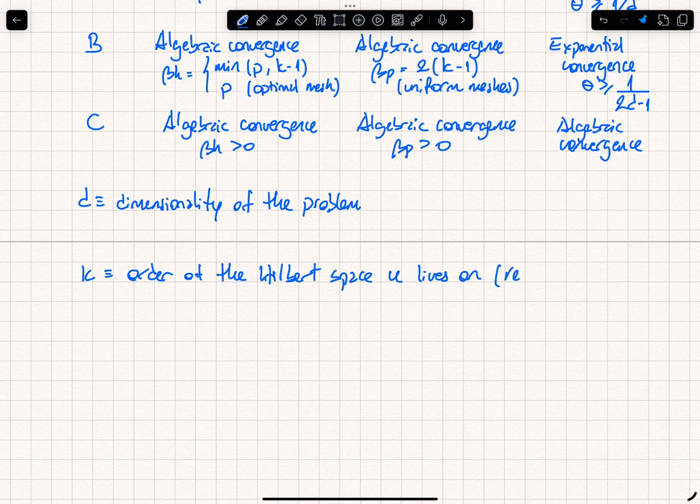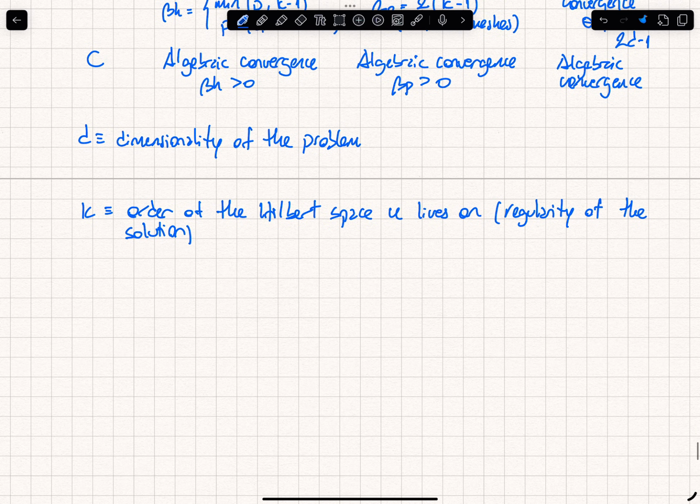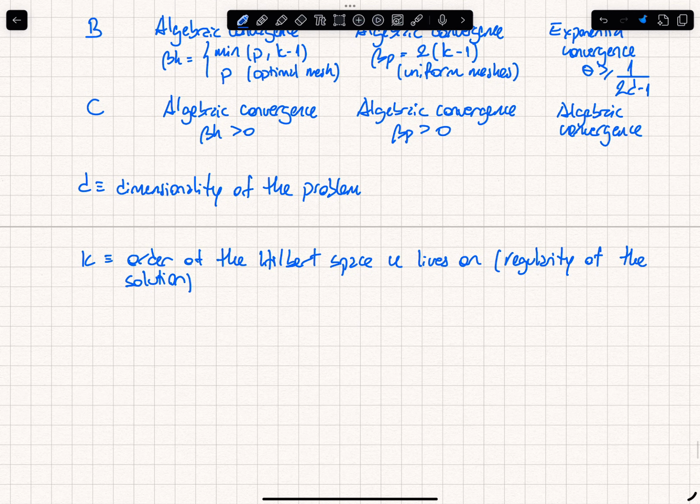As we said, the regularity. Okay, so for problems in A, U belongs to H^K, where K is very, very large.